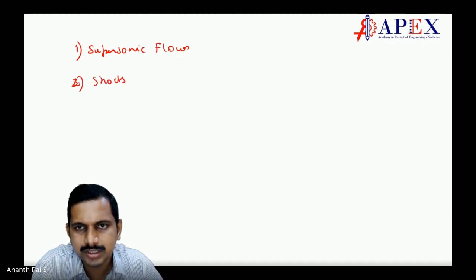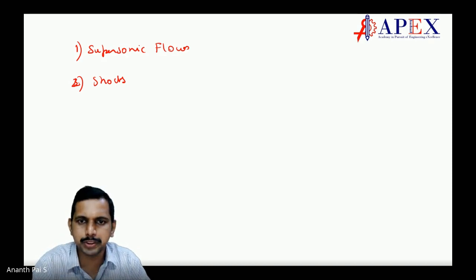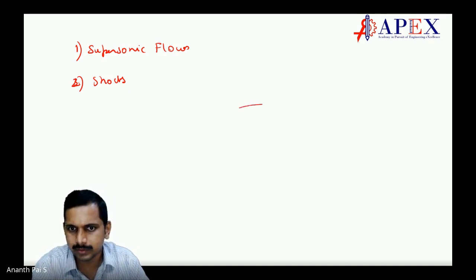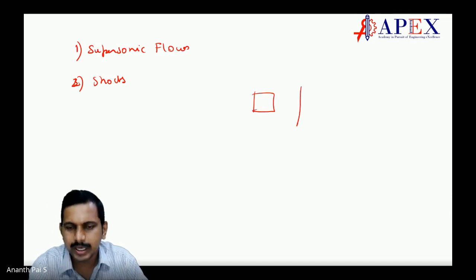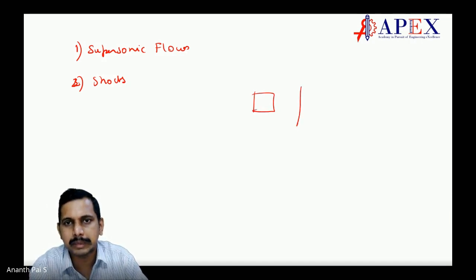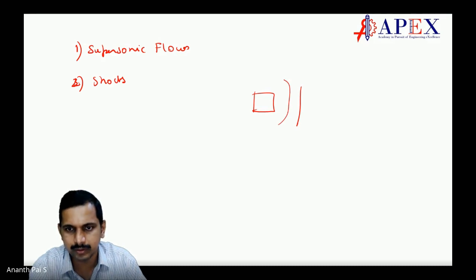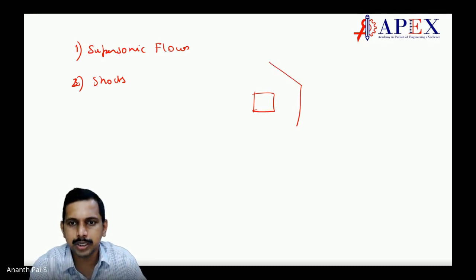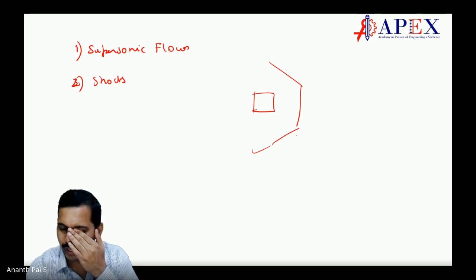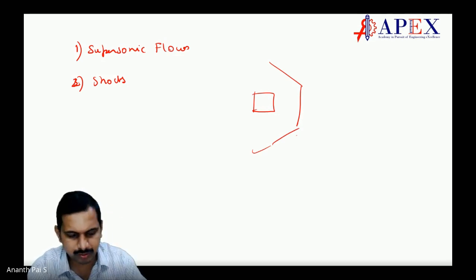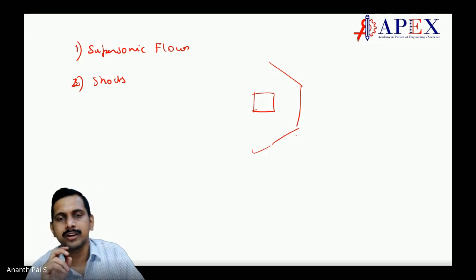Shocks are experienced when you have supersonic flow, or a body going with supersonic velocity through a medium. There are shock waves, normal shocks and then oblique shocks. And don't think shocks are something out of the world, that they come only in supersonic flows.